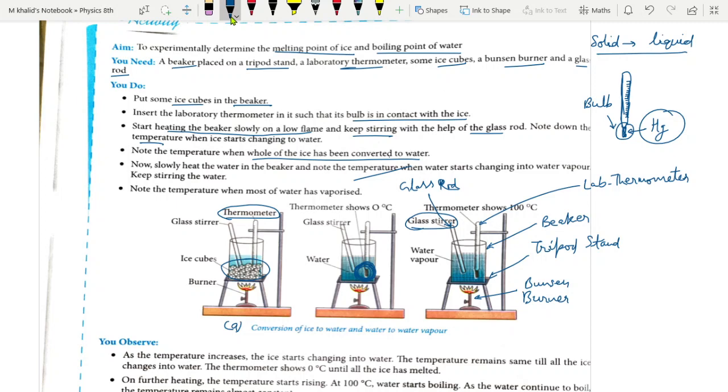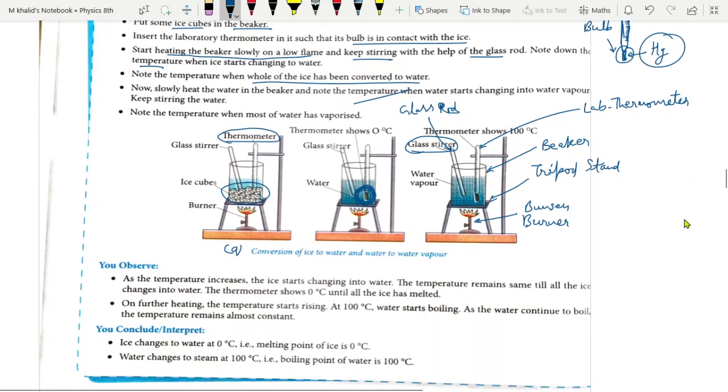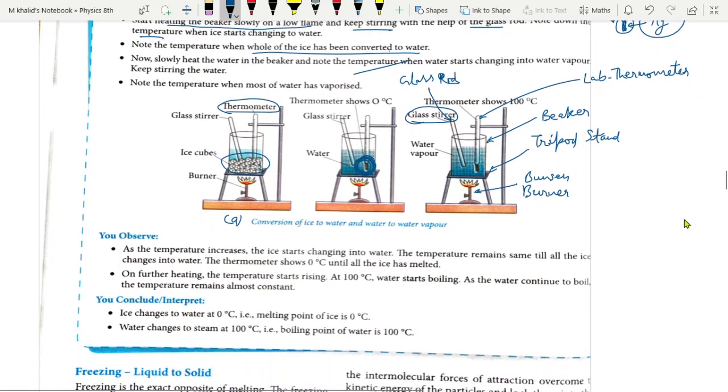After some time, when there is no ice left in the beaker, at that point also we will check the temperature on the thermometer and note it down. Then slowly heat the water in the beaker. After some time, we will raise the flame and start heating it more. After some time, what will happen?